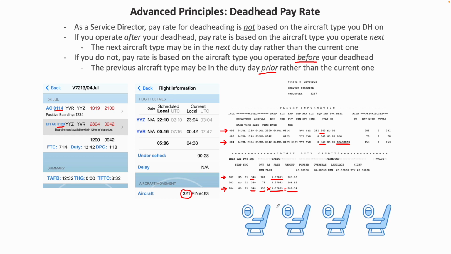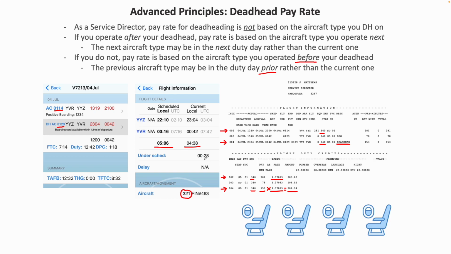So how do we know that those 153 minutes are correct? Remember that deadheads are paid at 50% of the actual time or the scheduled time. So you'll see that this flight 129 was scheduled as 5 hours and 6 minutes. The actual flight time was 4 hours and 38, but we have a principle called scheduled or better as far as how we are paid.